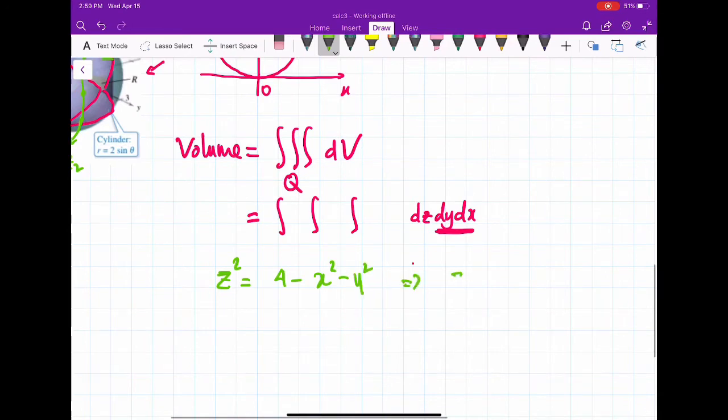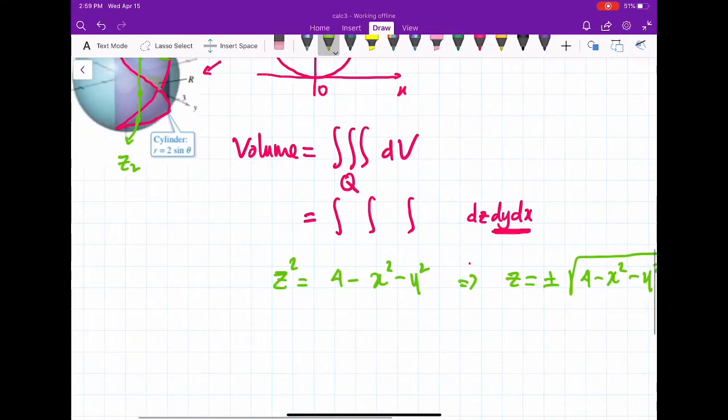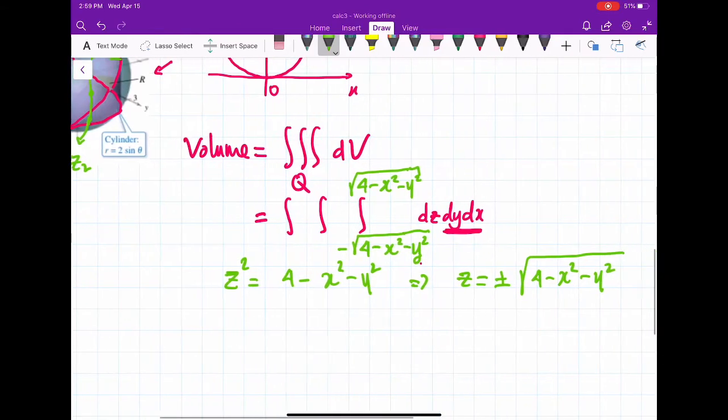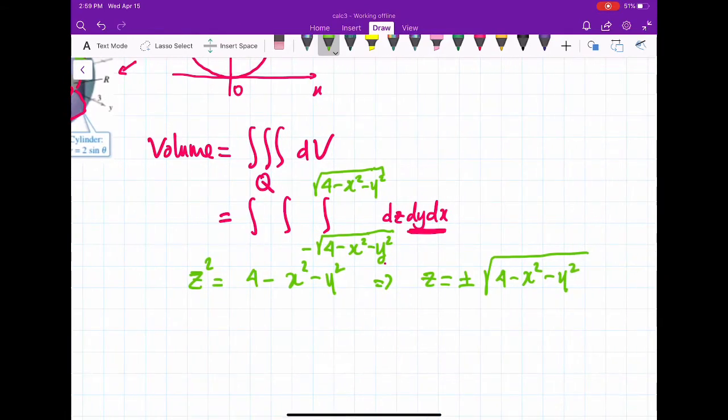And from here, I get z equal to plus minus square root of 4 minus x squared minus y squared. The interval is from negative square root of 4 minus x squared minus y squared, right, to square root of 4 minus x squared minus y squared. Make sense?